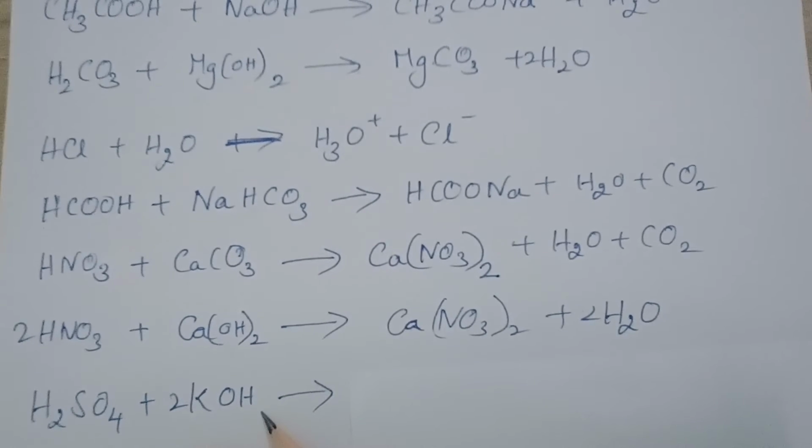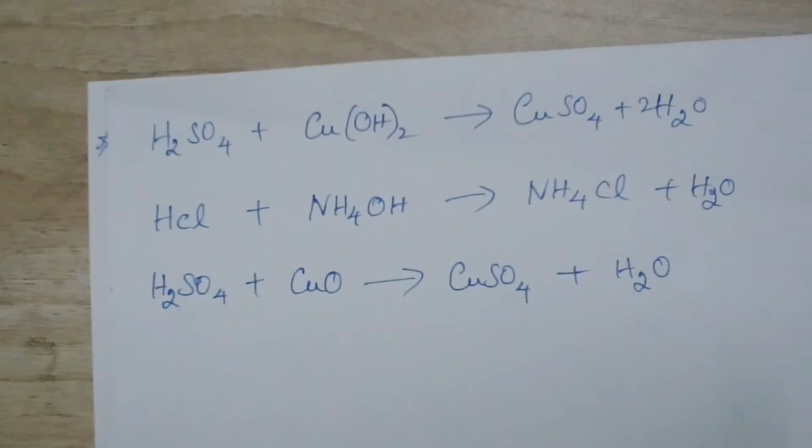Next, again acid plus base. Again neutralization reaction, we will get salt plus water. Sulfuric acid plus potassium hydroxide gives potassium sulfate plus water. Okay, K2SO4 plus water.